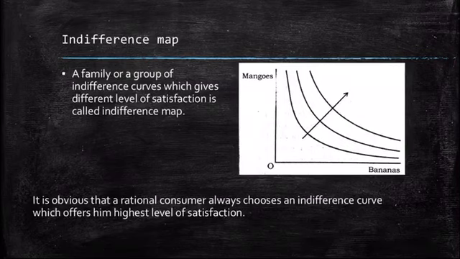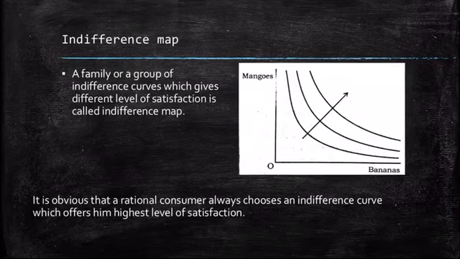An indifference curve is a combination of 2 goods in which the consumer gets an equal level of satisfaction. Whereas under the indifference map, the consumer gets different levels of satisfaction. Why is it like that? The answer is very simple.